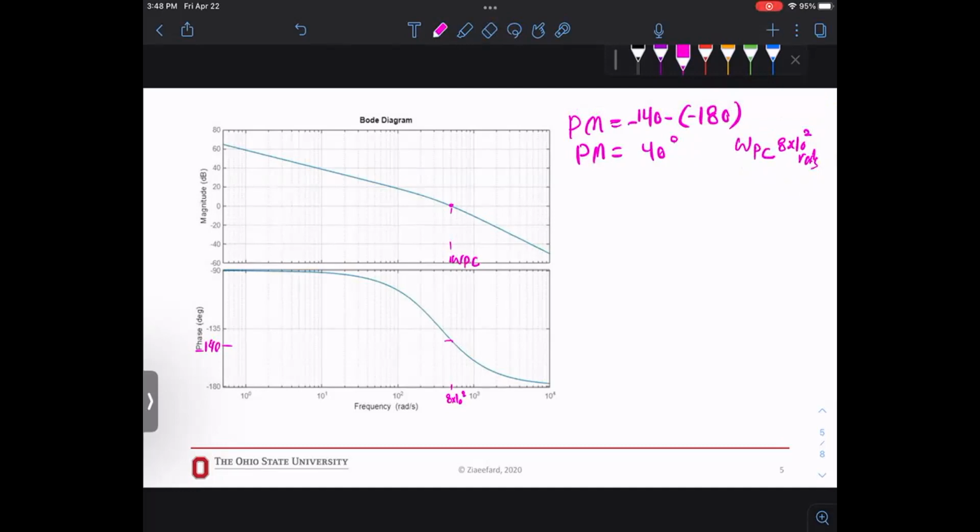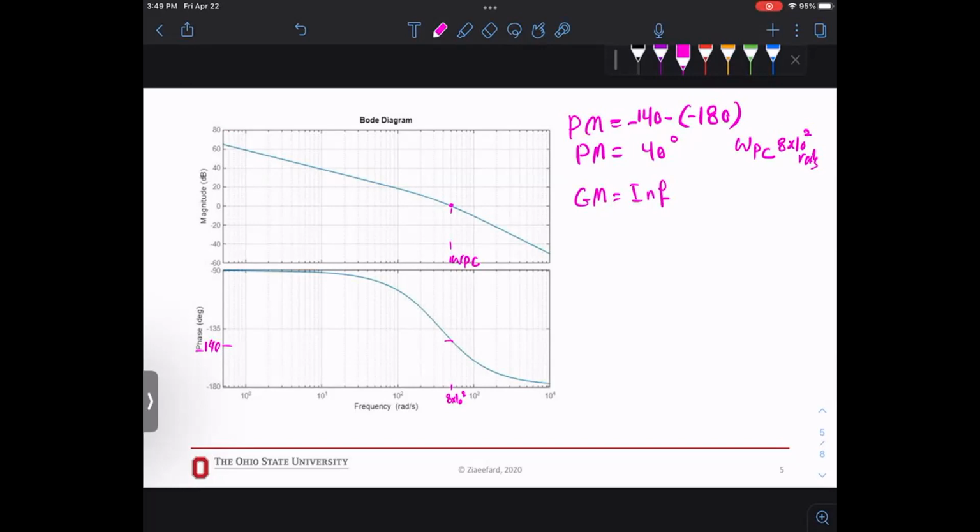we found our PM. Now, what is our GM? Infinity, right? Because we don't have any crossover here. If the case was infinity, you can't show anything because it's infinity. Now, is this system stable or not? This is an open loop system. So your PM is greater than 0, your GM is infinity. GM infinity for open loop means that our closed loop system is going to be very stable.